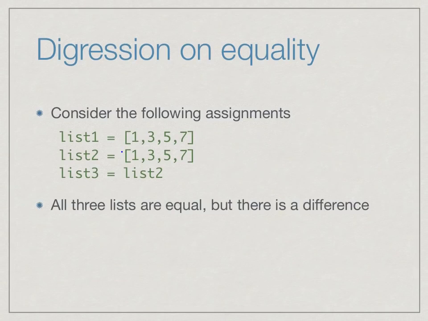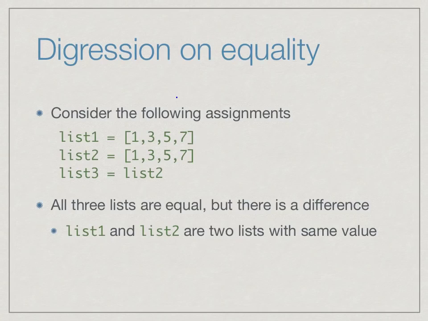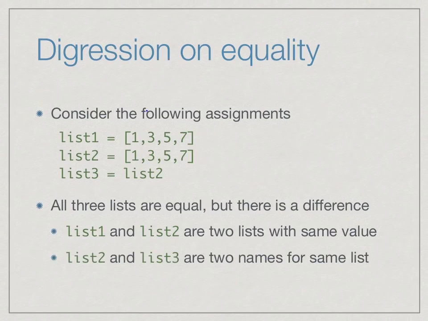So all three lists are equal, but there is a difference in the way that they are equal. So list1 and list2 are two different lists, but they have the same value. Right? So they happen to have the same value, but they are two different things, and so if we operate on one, it need not preserve this equality anymore. On the other hand, list2 and list3 are equal precisely because they point to the same value.